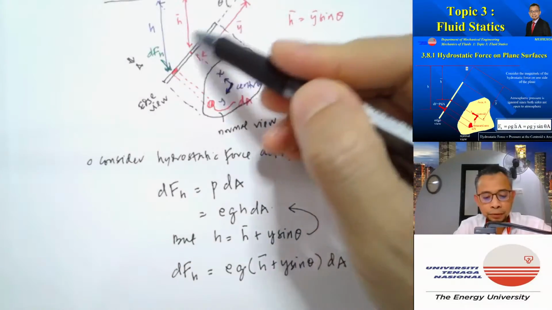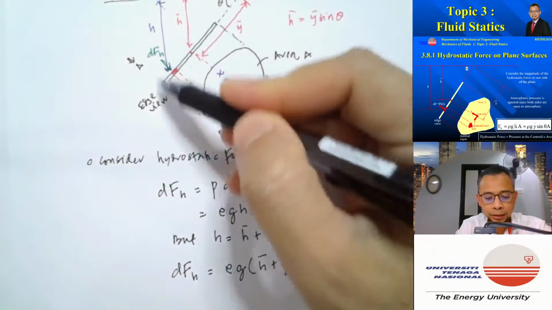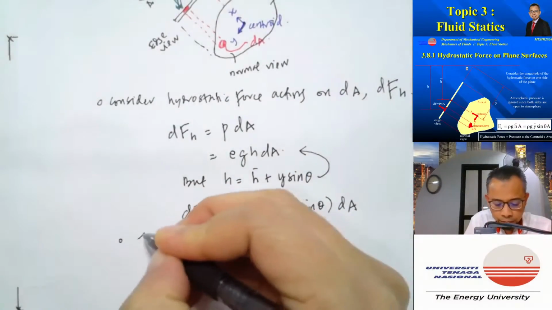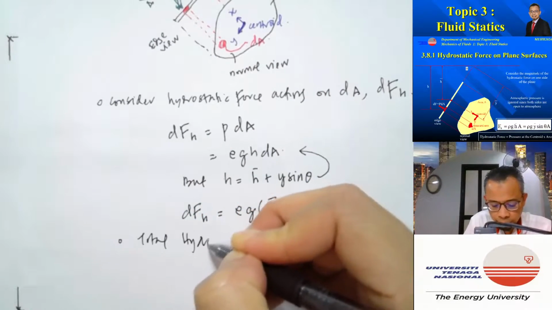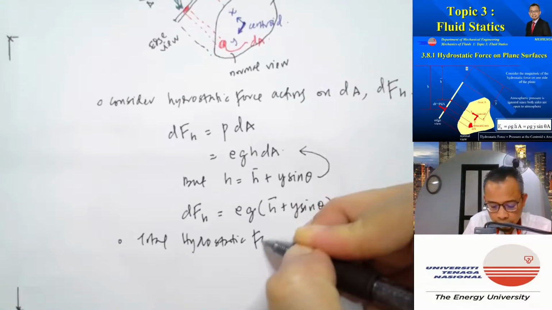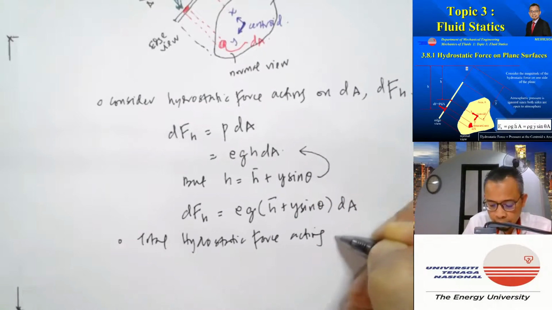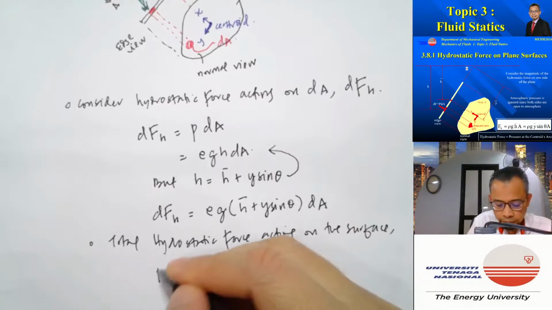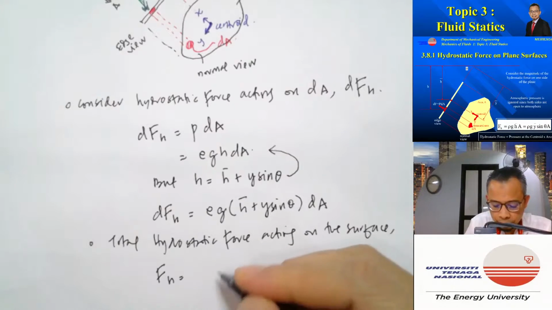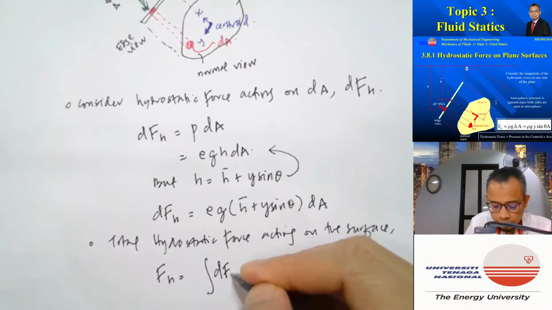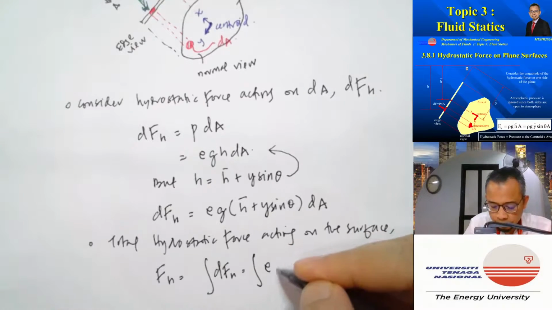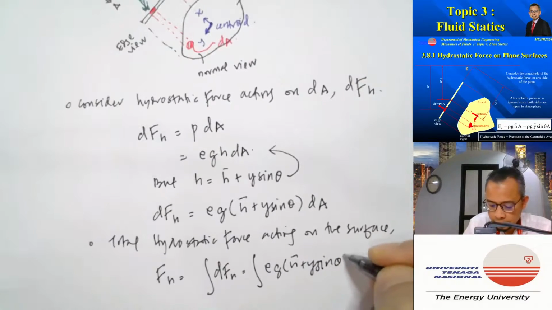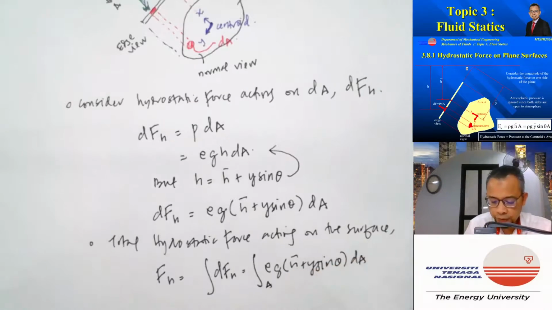Now, in order to get the total force acting on the surface, we will have to integrate over the whole of the surface. So the total hydrostatic force acting on the surface, F hydrostatic, will be equal to the integration of dF, so the integration of rho g (h bar plus y sine theta) dA over the whole surface.